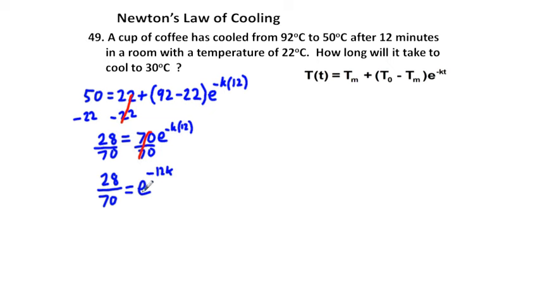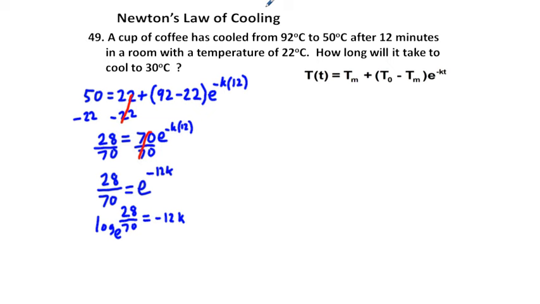And then we can change this into a logarithmic, or a natural log, which is log base e. To do this, our base of our exponent becomes the base of the logarithm. So we have log base e, which is ln, of 28 70ths is equal to negative 12k.